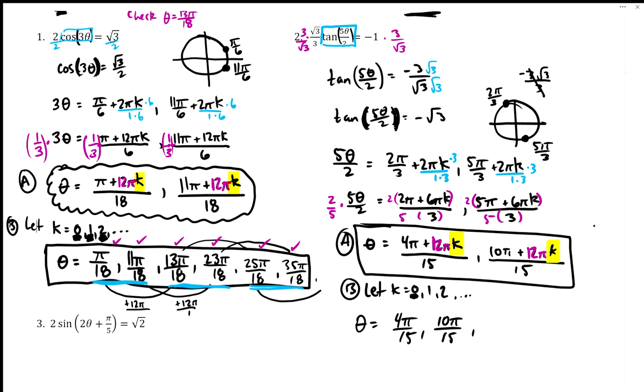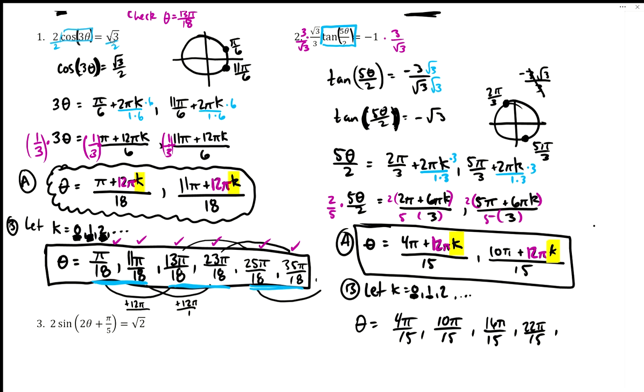So I'll add 12 pi to the numerator, which gives us 16 pi over 15, and then comma. If I add 12 pi to the numerator, I would have 22 pi over 15. That was when we let k equal 1. Now we're still just going to continue doing our pattern.